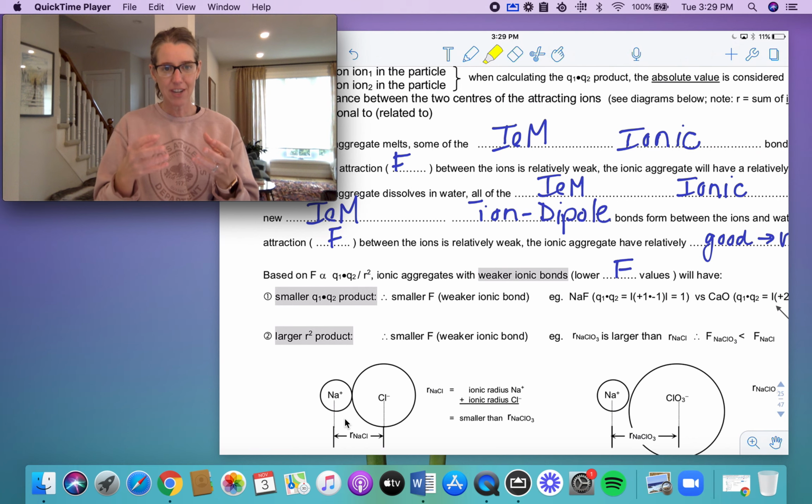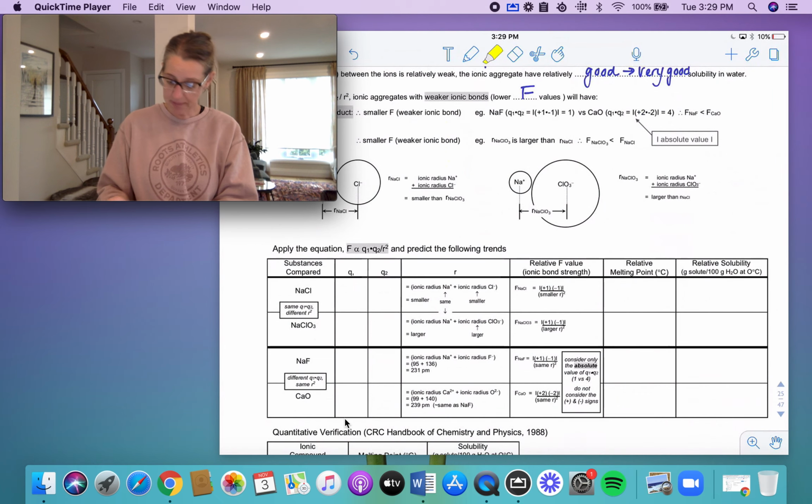And if you have an ionic particle with a weaker force, it will take less energy to boil, less energy to melt, and it's going to have better solubility because of that weaker bond. Okay, so we're going to compare those using the charge of the particles and the radius, and then make some conclusions based on the force.